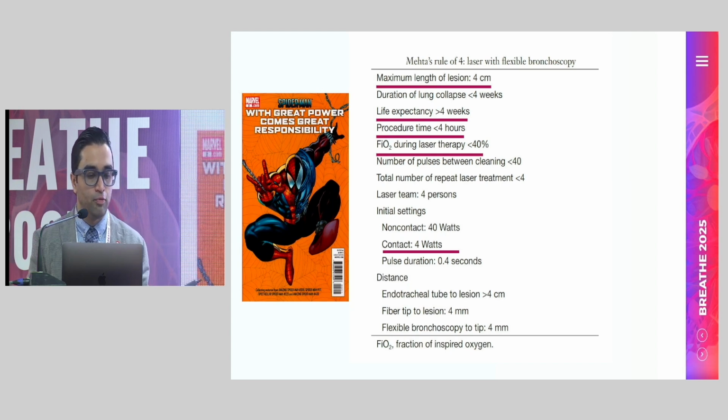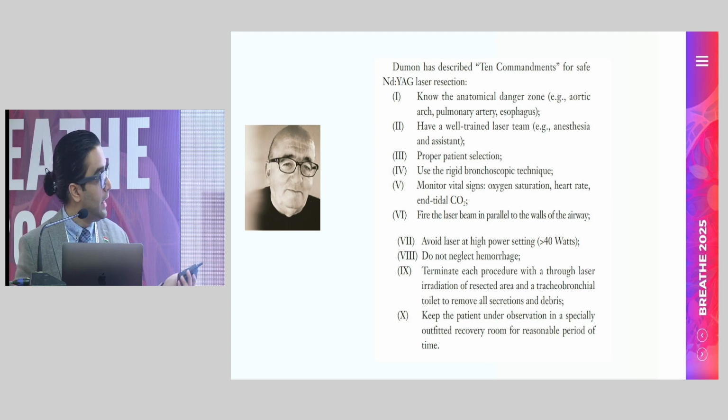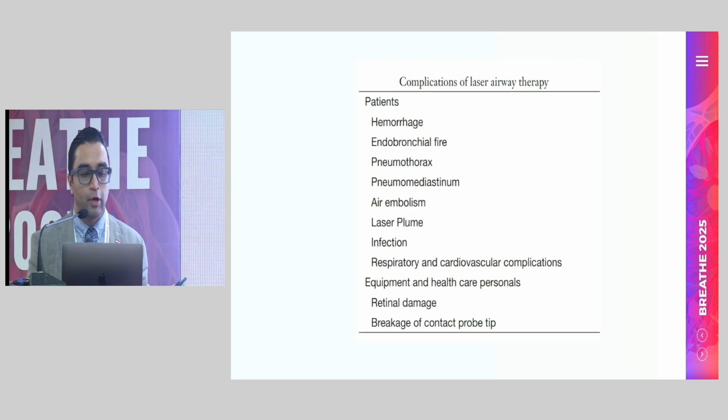And as mentioned before, the FiO2 should be less than 40%. Similarly, Dr. Dumont has 10 commandments for using the Nd:YAG laser, which also majorly revolve around using a rigid bronchoscope and keeping your FiO2 low. What are the complications with laser? You can have hemorrhage, endobronchial fire, pneumothorax, pneumomediastinum and so on.